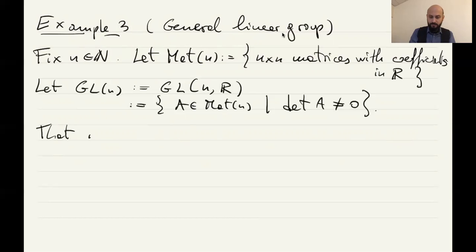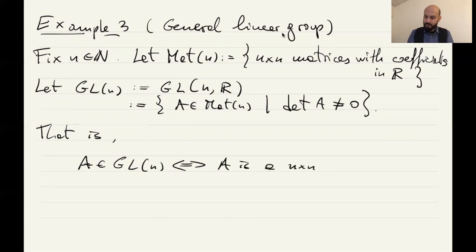Let me also clarify that, therefore, a matrix A is in GLn if and only if A is an n times n invertible matrix.